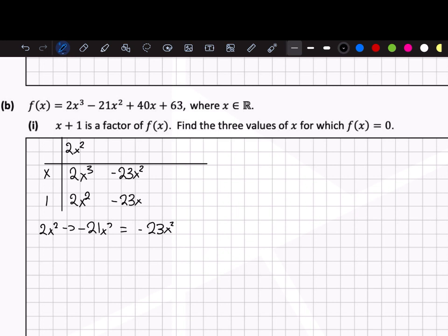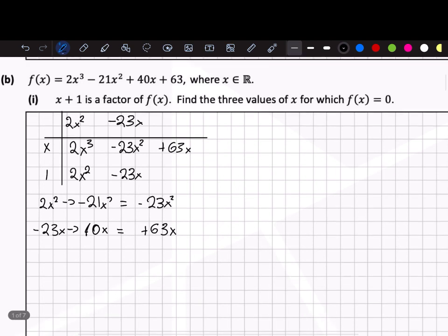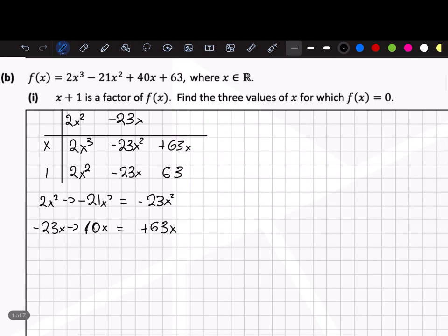The difference between minus 23x up to 40x, well, that's going to be equal to plus 63x. So we've plus 63x here, and then we can bring the minus 23x here, which we got from the bottom row in the middle. 63x divided by x, that just goes in 63 times, and that's going to be our final number. So it's going to be 2x squared minus 23x plus 63.